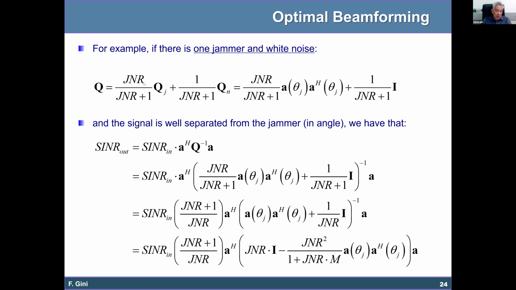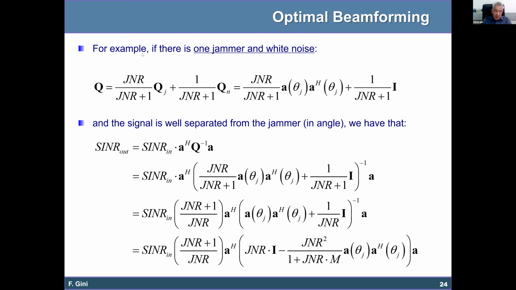JNR, remember, is the jammer to noise ratio, so it's the ratio between the power of the jammer and the power of the noise. The jammer is directional, so Qj is A theta j, A Hermitian theta j. And if the noise is white, this is the identity matrix. So this is the expression of Q in the case we have in the disturbance one directional jammer plus white noise.